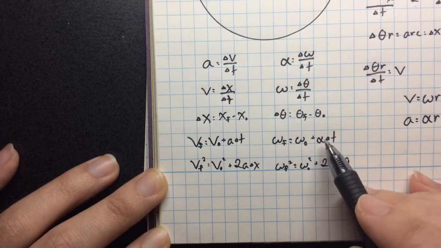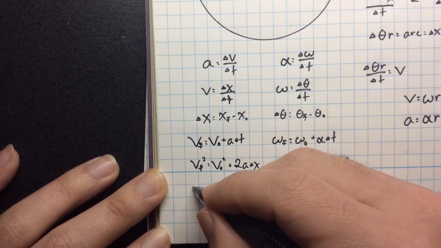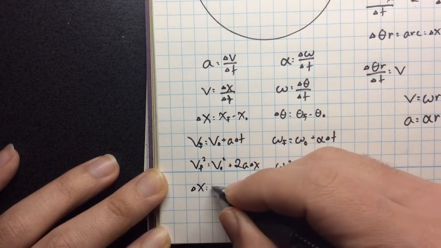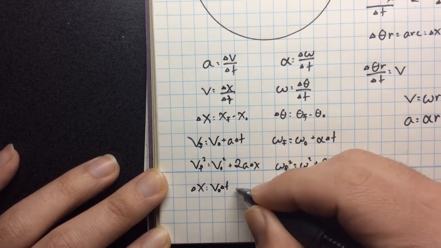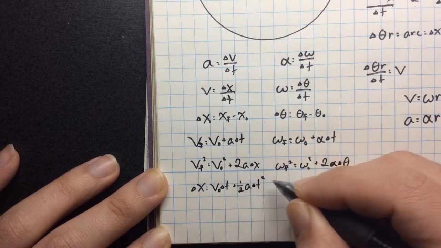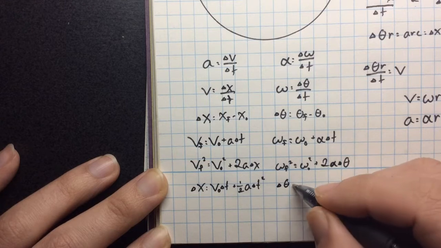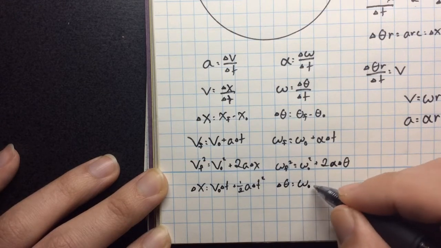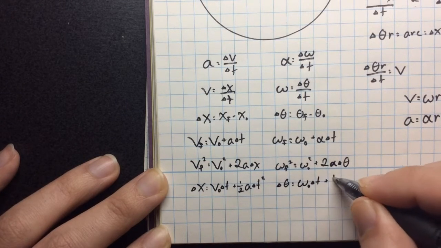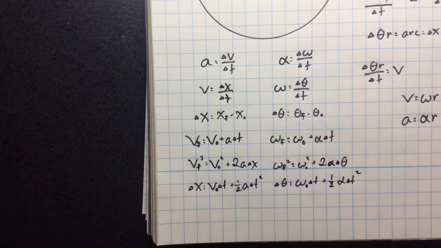Or here we'd multiply by the radius to get to the tangential stuff. Last equation, change of position equals initial velocity times time plus 1/2 a delta t squared. Here, change in position, theta, is equal to initial angular velocity times time plus 1/2 alpha t squared. So they're the exact same equations.